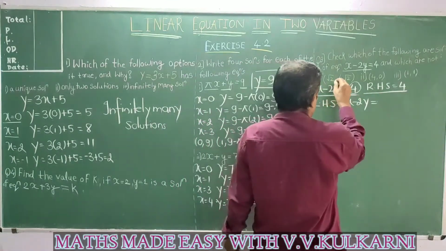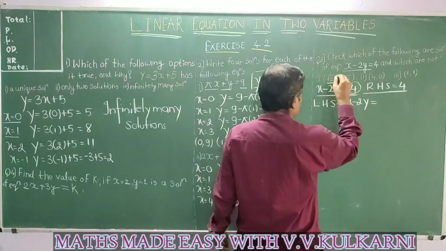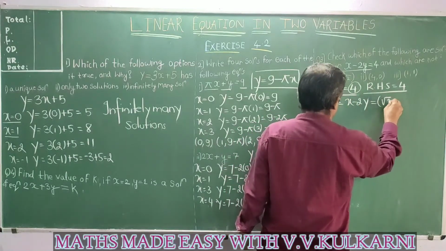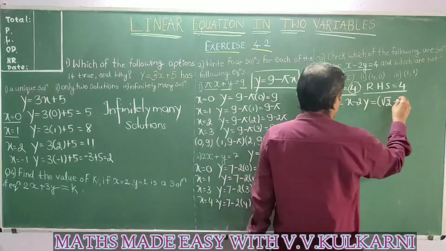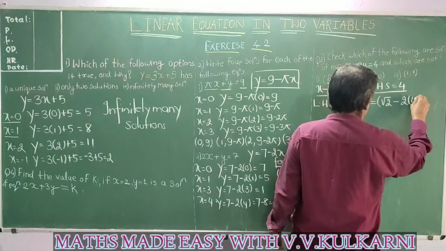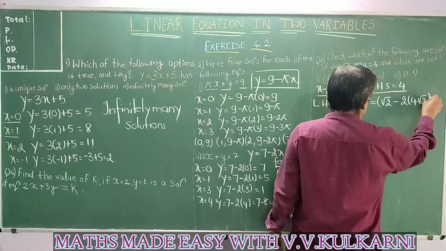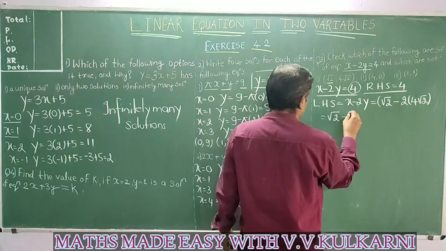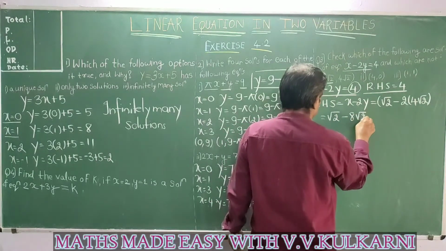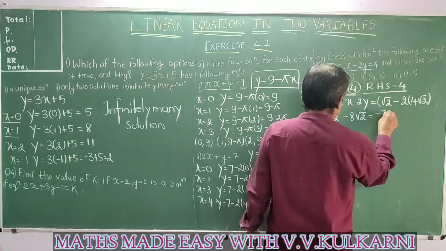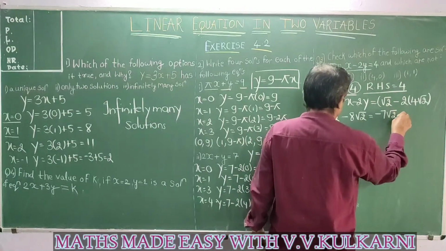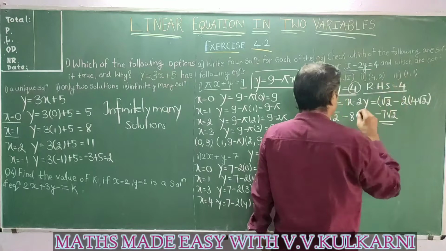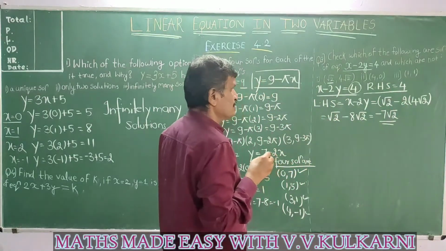See here, x stands for the first value, root 2. Minus 2 into y means 4 root 2. So root 2 minus 8 root 2 is equal to minus 7 root 2. Is it equal to 4?